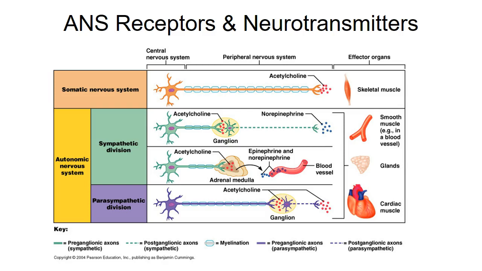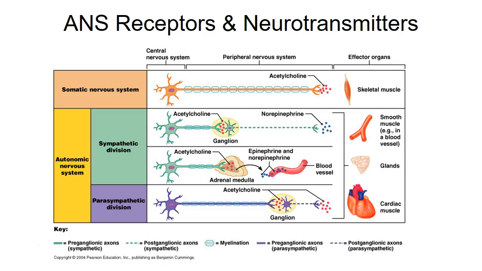Which means that for both sympathetic and parasympathetic, what neurotransmitter is being used to send a signal from the preganglionic to the postganglionic neuron? Acetylcholine in both cases, right? It's only this postganglionic neuron that's releasing something different in the sympathetic division of the autonomic nervous system. Everybody with me on this?